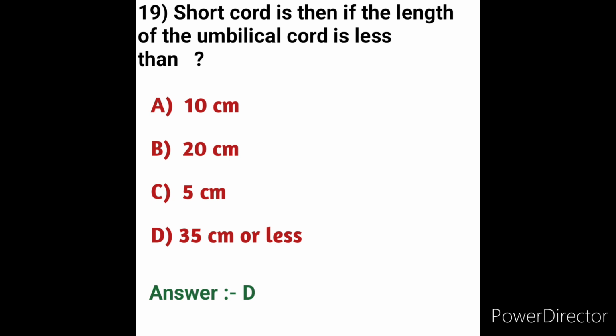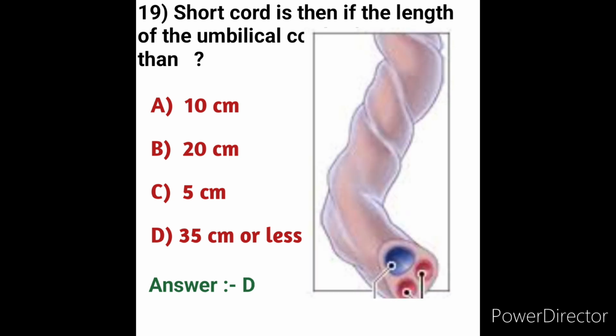A short umbilical cord occurs in roughly 6% of pregnancies. It is a risky condition because it can affect the growth and development of the baby as well as the outcome of the pregnancy. Option D is the correct answer.